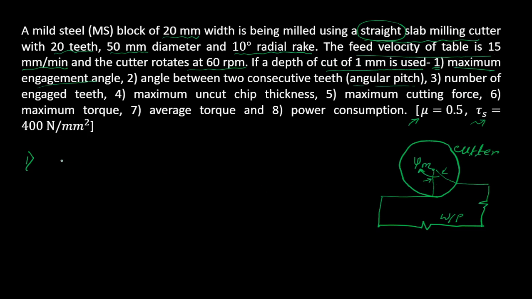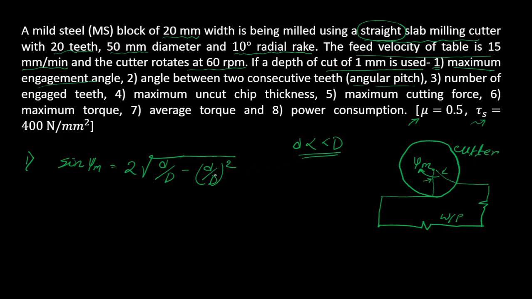To find the maximum engagement angle, there is a formula: sine of psi m is equal to 2 square root of (d by D minus (d by D) whole square), where d is the depth of cut and D is the diameter of the tool. Here we can observe that d is very small compared to capital D, meaning the depth of cut is very small compared to the diameter of the cutter.